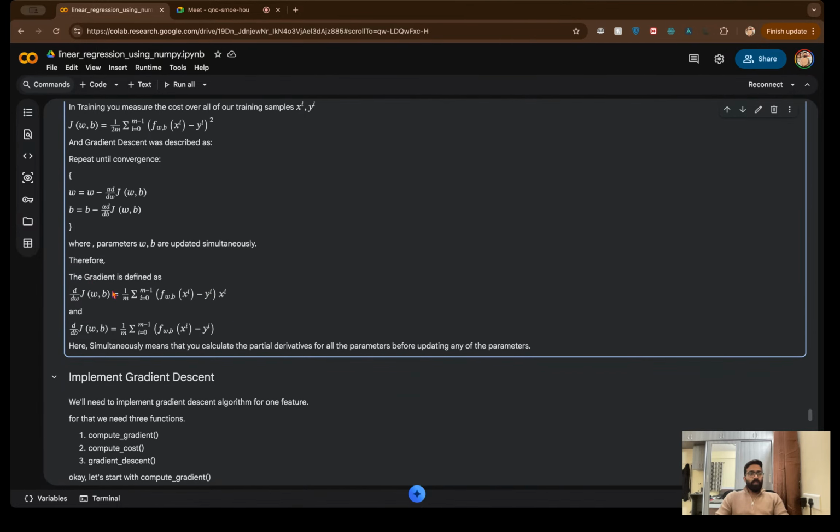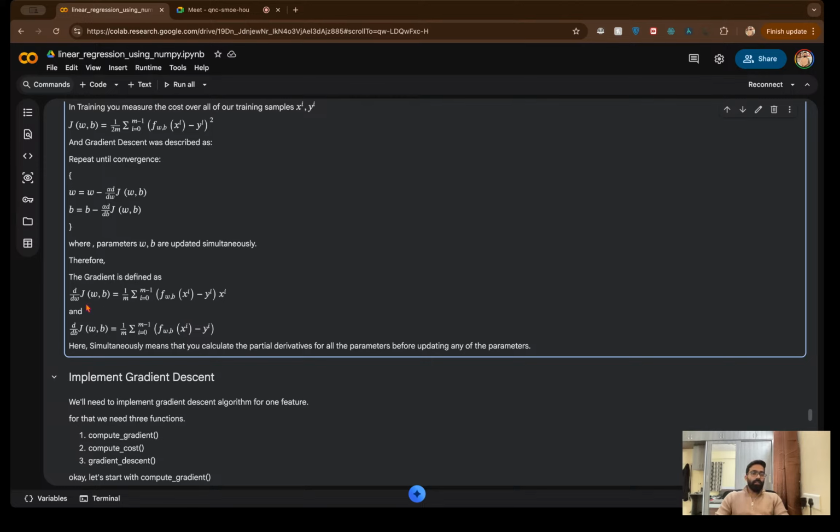Therefore, the gradient d by dw of J(w,b) is defined as, this is the actual formula: 1 by m, the summation from 0 to m minus 1, of f_wb of x_i minus y_i, multiplied by x_i.